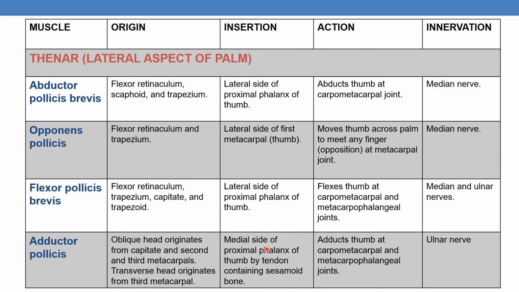Coming to the insertion, it is inserted on the medial side of proximal phalanx of thumb by tendon containing sesamoid bone. Coming to the action, it adducts the thumb at carpometacarpal joint and metacarpophalangeal joints. Innervation is ulnar nerve.